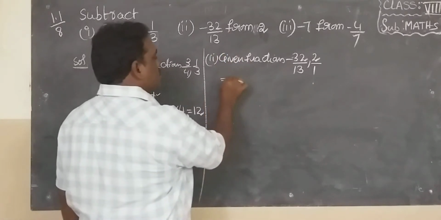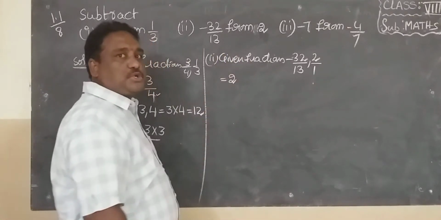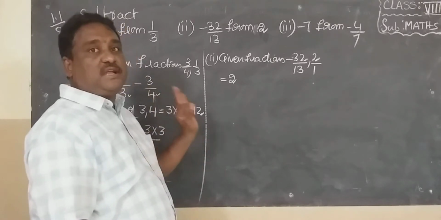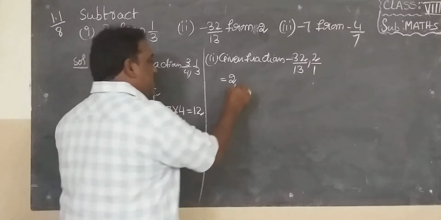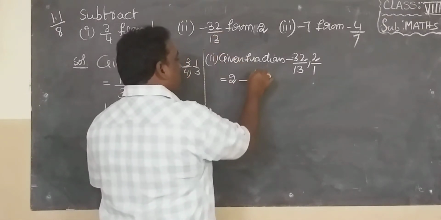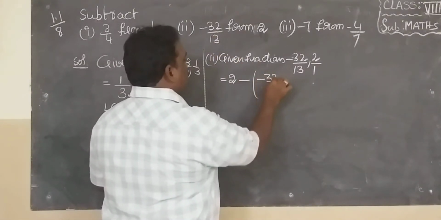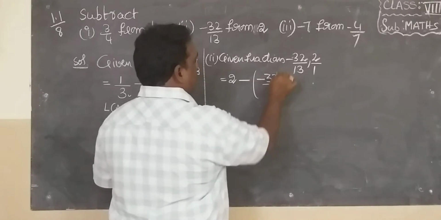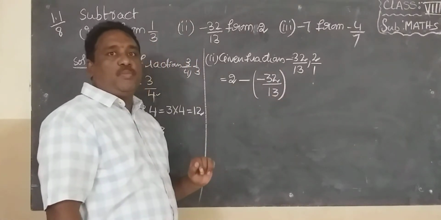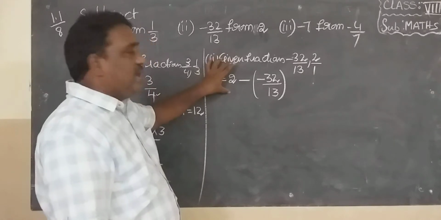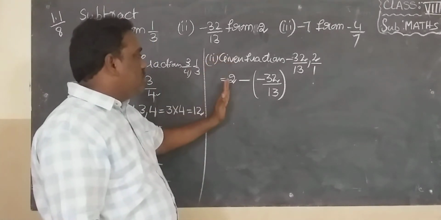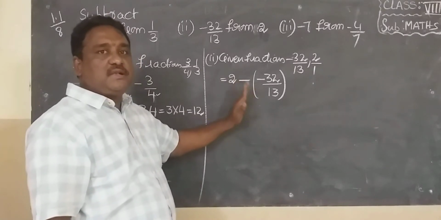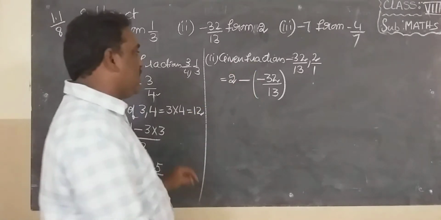First write 2, but not minus 32 by 13. Start the problem with 2. Don't write minus 32 by 13 first. 2 minus, bracket, minus 32 by 13.